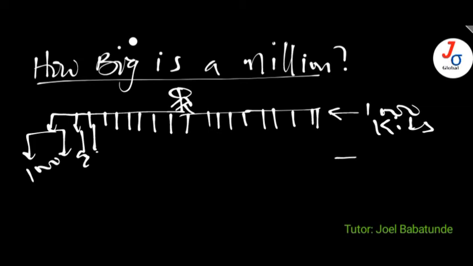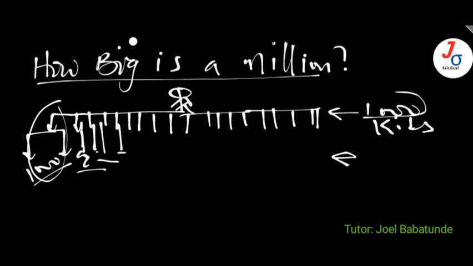By the second generation, how many children will there be? One gives birth to 1,000, another gives birth to 1,000, and so on. So how many grandchildren by the second generation?